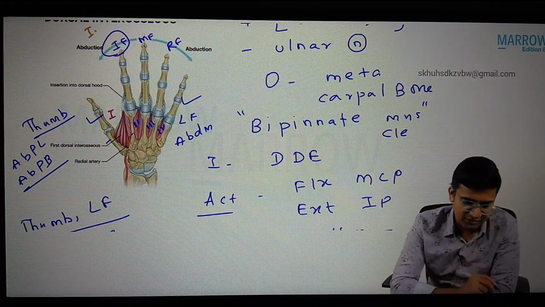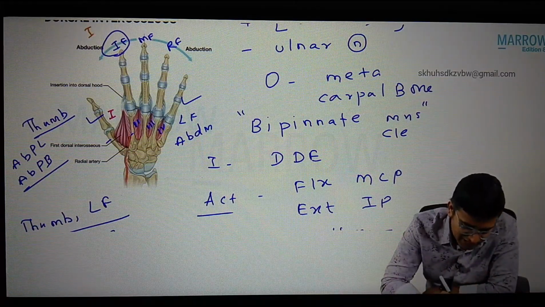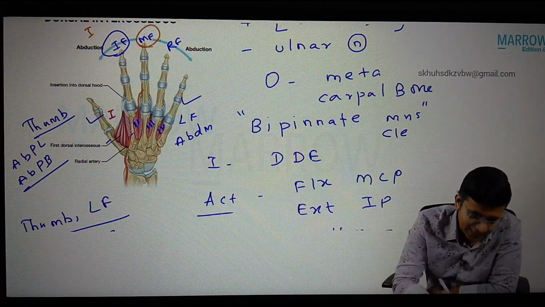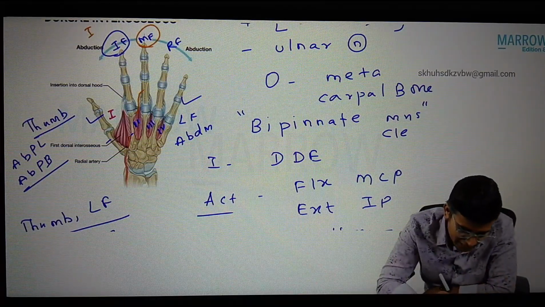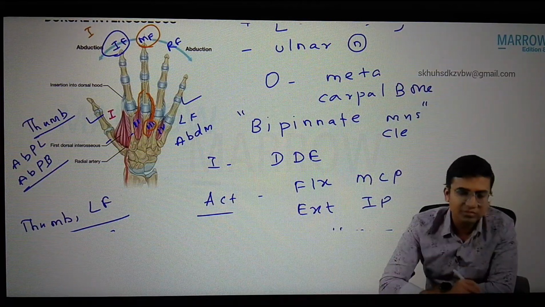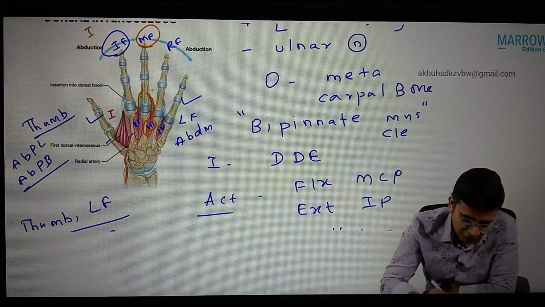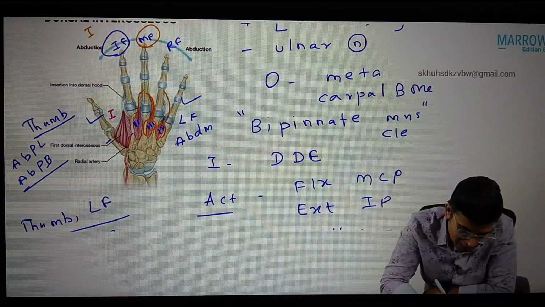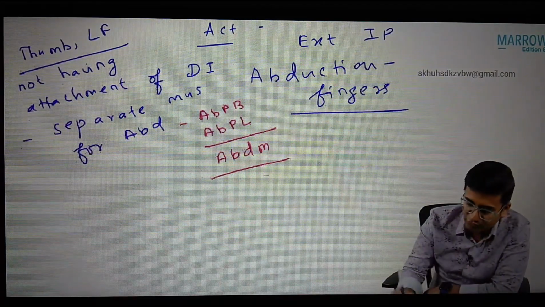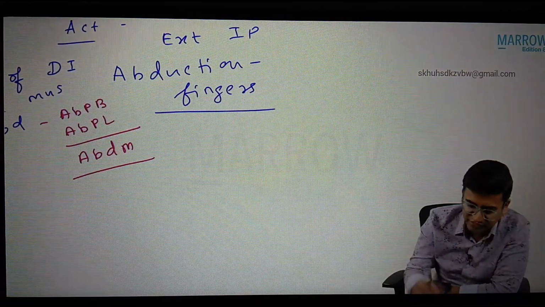I write one here. Second dorsal interosseous, the fibrous tendon is coming here and attached to middle finger. Now third one, again these fibers are coming and they are going to middle finger only. And fourth one attaches to ring finger. Clear? So we have four muscles attaching to three fingers.